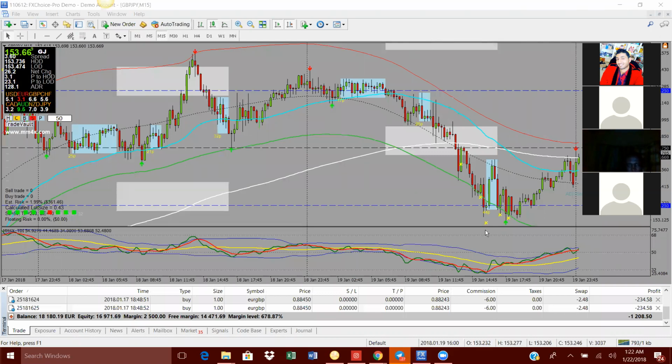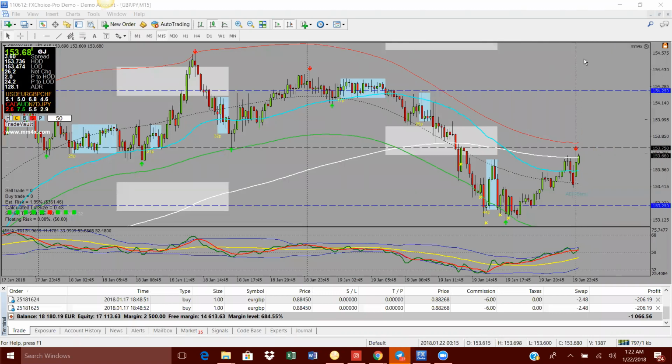Because one market opened, the second one is not yet opened. This is the Asian session, right? Yes. But still the price could maybe come up to this level here and then drop, right?